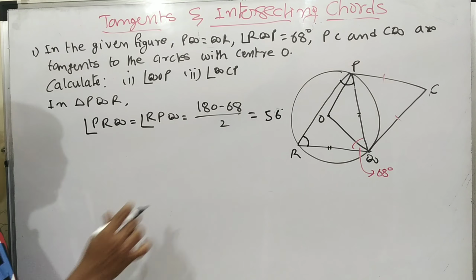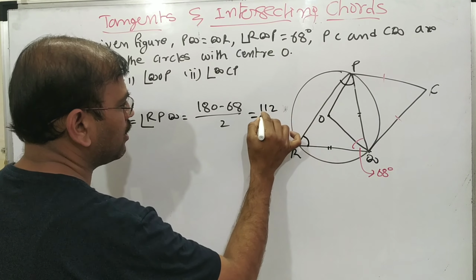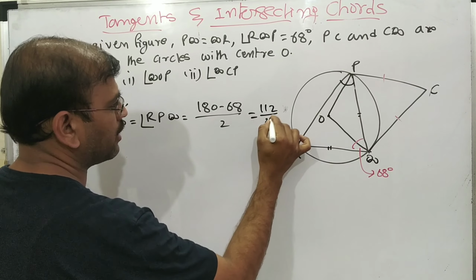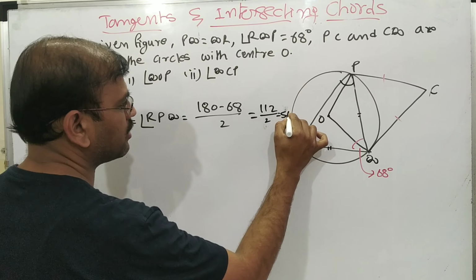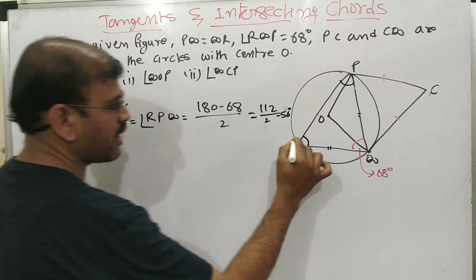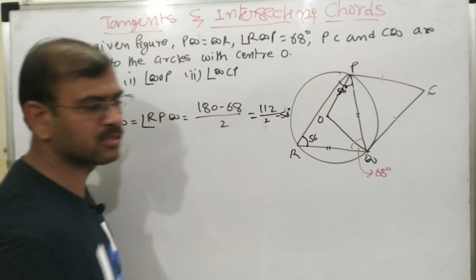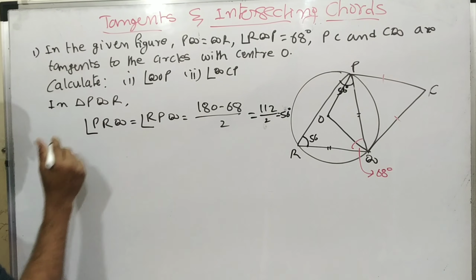Are you following it? Otherwise, write one more step. 112 divided by 2, that is, you will get 56 degrees. Now, this angle is 56. This angle also 56.